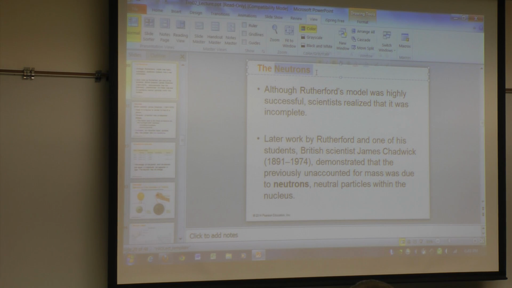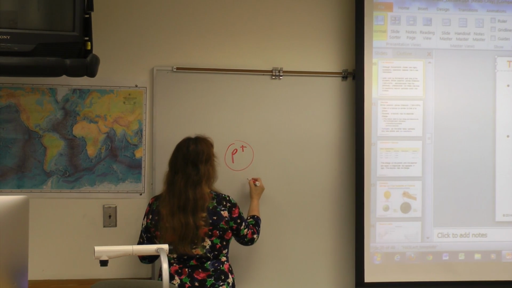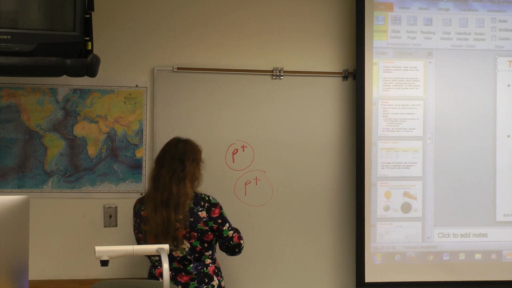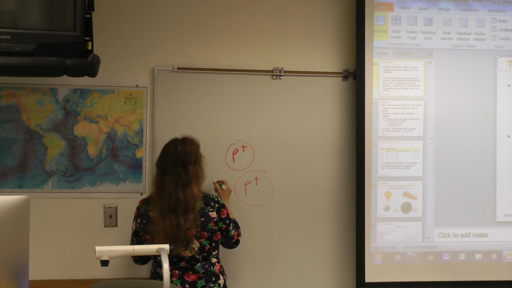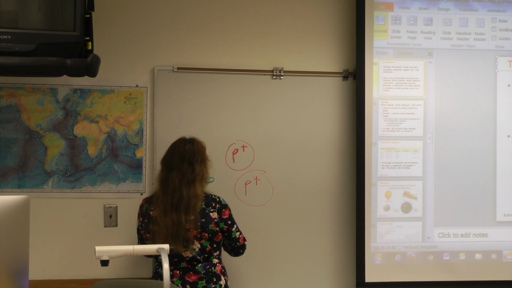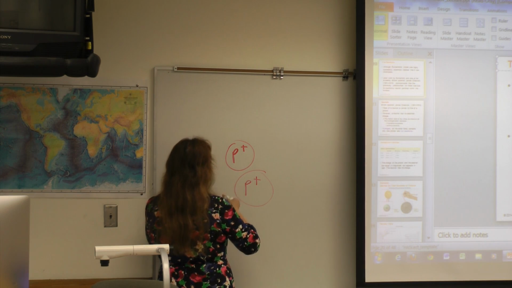So if you picture the atom with protons, so I'll put P plus. And then electrons. Actually, the electrons won't be there yet. First, neutrons, which are neutral.